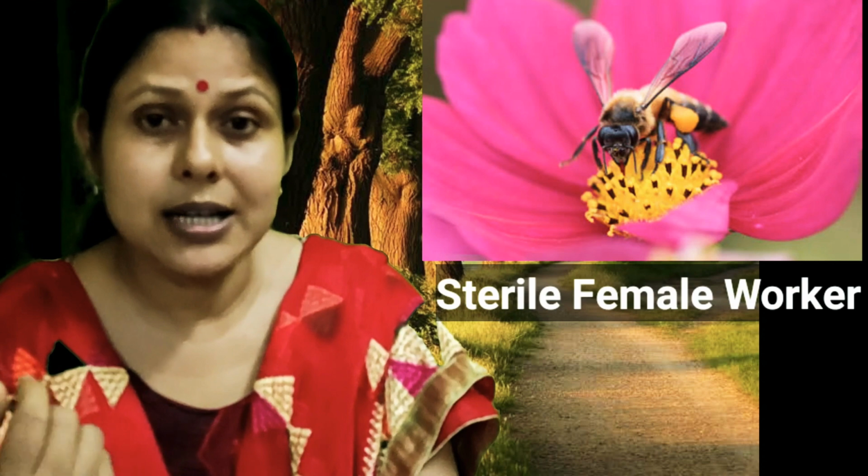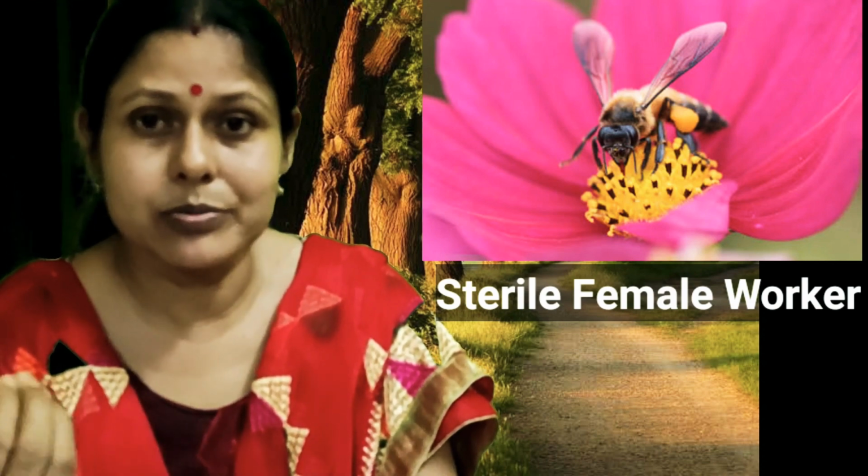Then there are sterile female workers who cannot produce eggs. In the human population also, there are some couples who cannot have a child, because either of the partners is unable to produce gametes, so they can't have progeny. Does it mean that they are not alive? So this is also not a definite parameter for calling an organism alive.